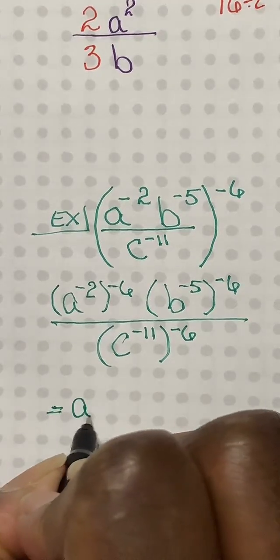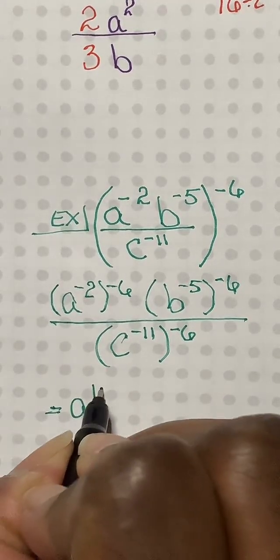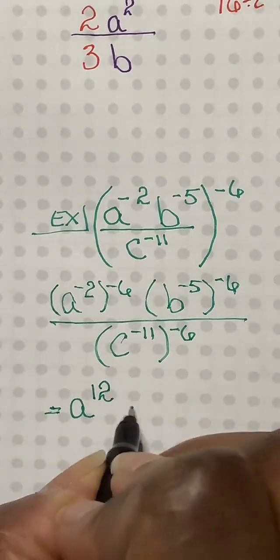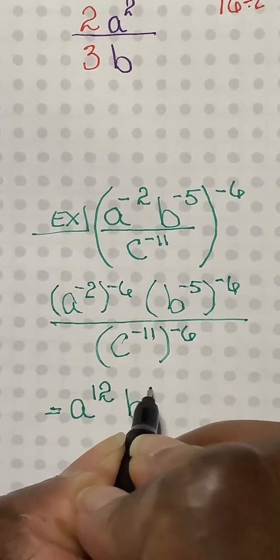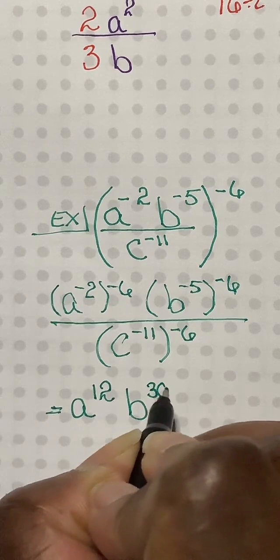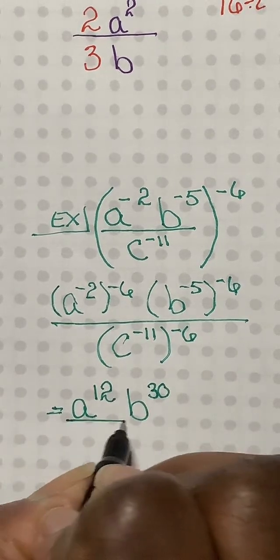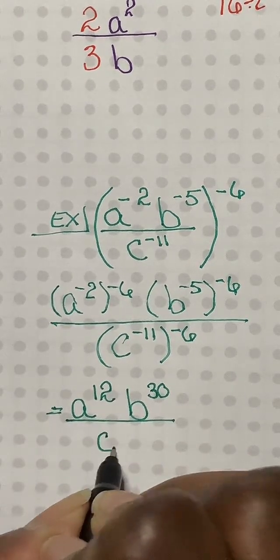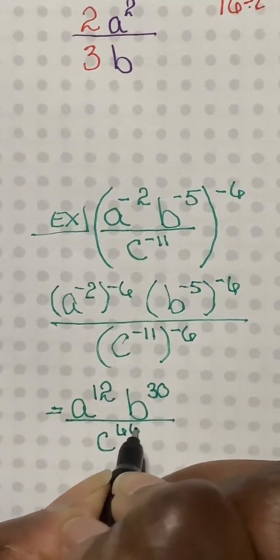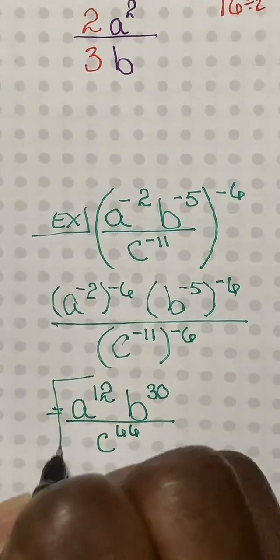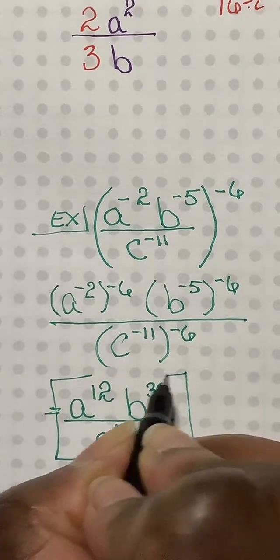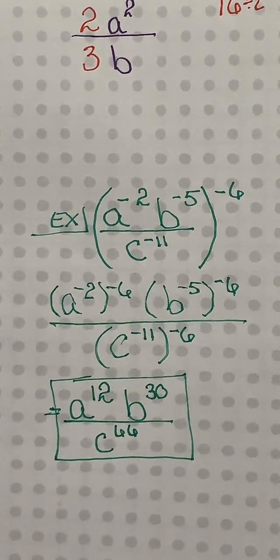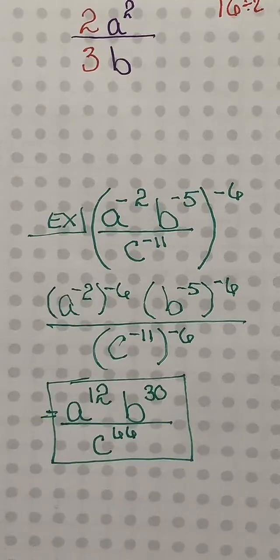That means A is going to be raised to the positive 12. My B is being raised to the positive 30th. And then my C is being raised to the positive 66. And since they're all different bases, I can't combine them anymore.